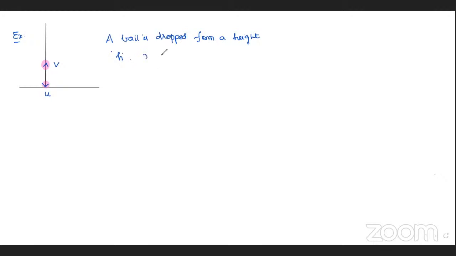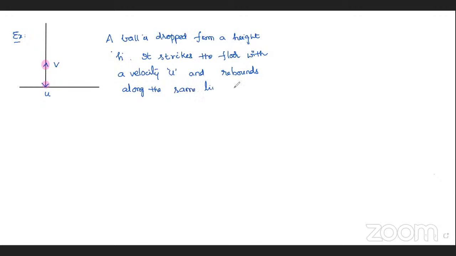It strikes the floor with a velocity u, and rebounds along the same vertical line with a velocity v, coming up to a height h1.